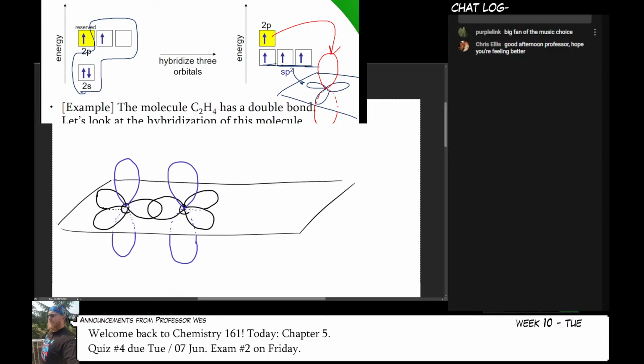It kind of looks like a dotted line there too, because this p orbital, this purple lobe, is behind. Now it looks kind of 3D, right?